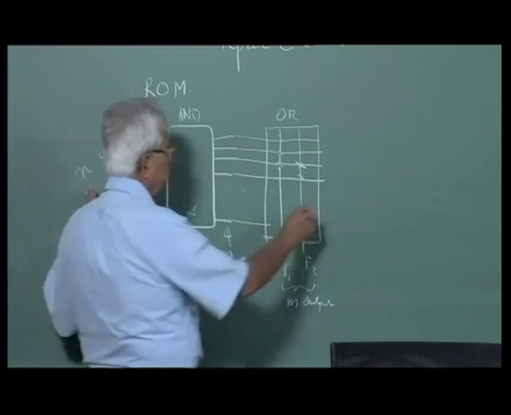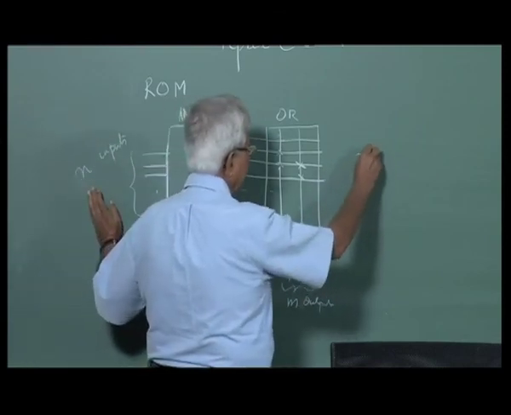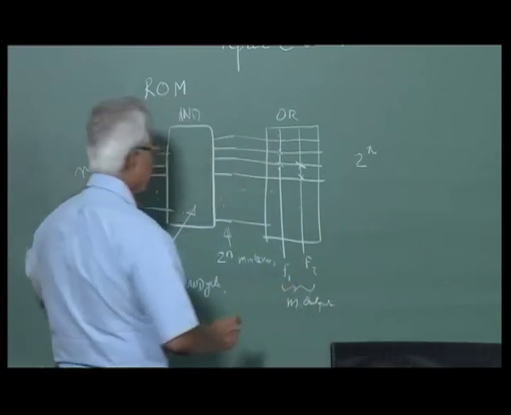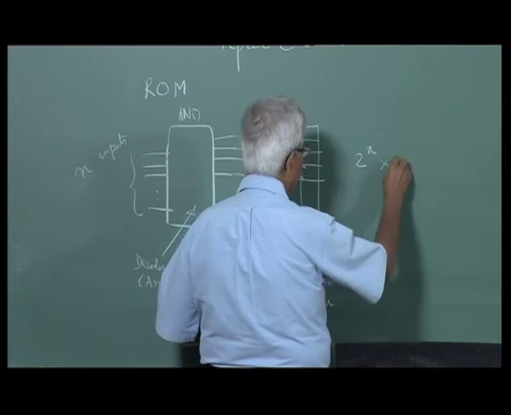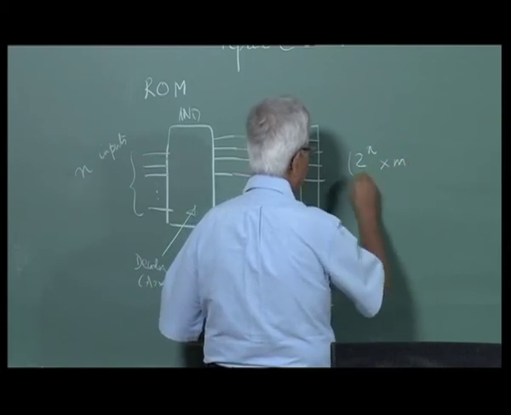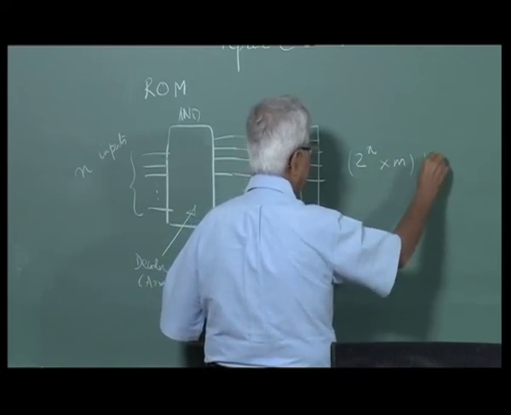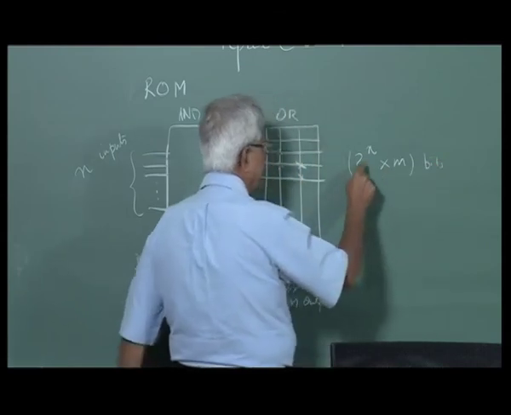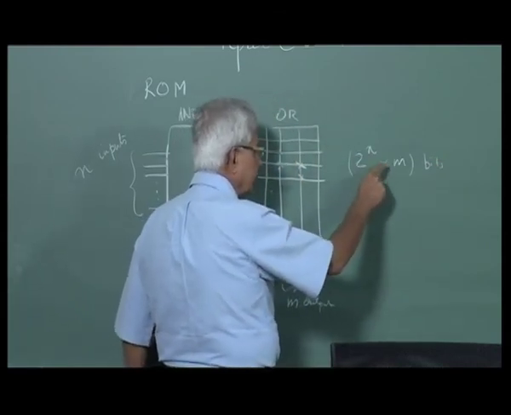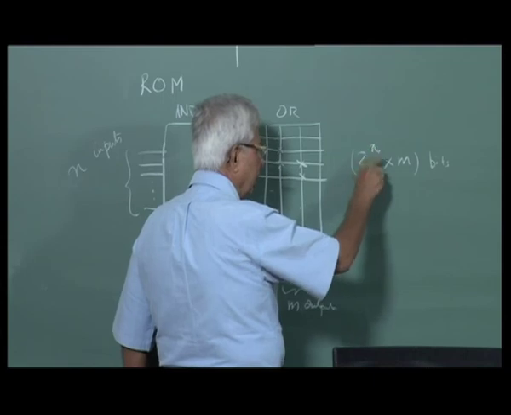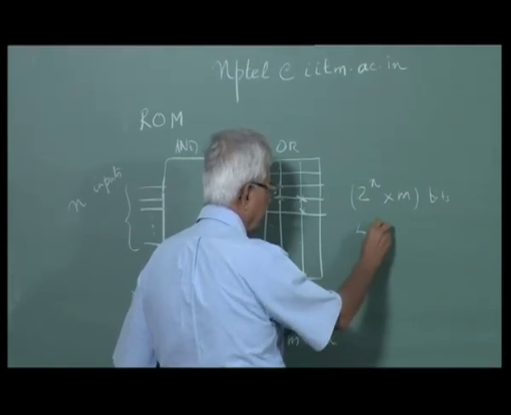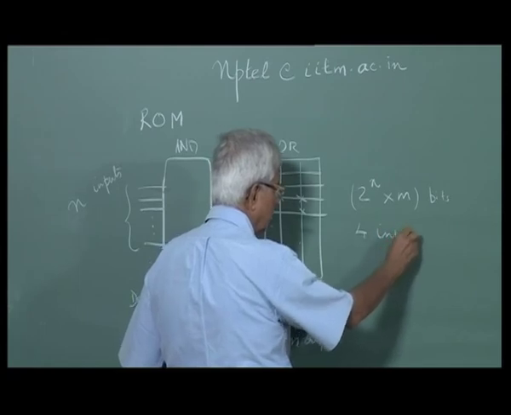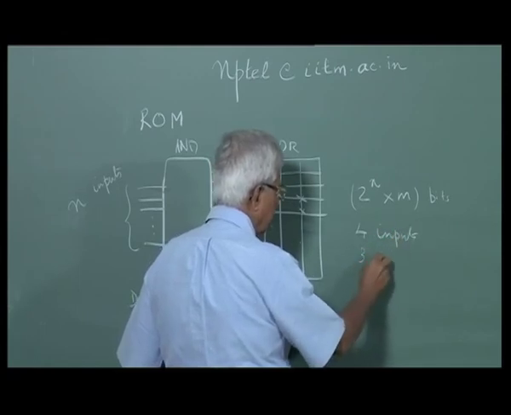So, the size of this ROM, as I said, is 2 power n times m. Because there are n inputs, we have 2 power n min terms, and there are m outputs, so times m. This is bits. I told you the other day, you cannot multiply this out. For example, there are four inputs and 3 outputs.